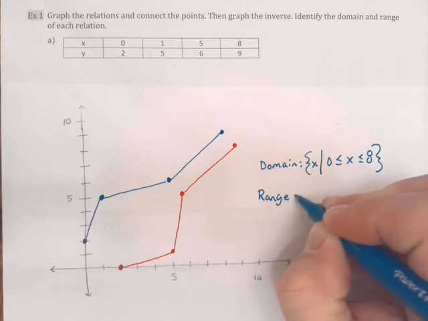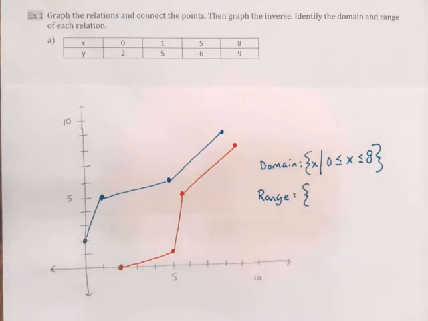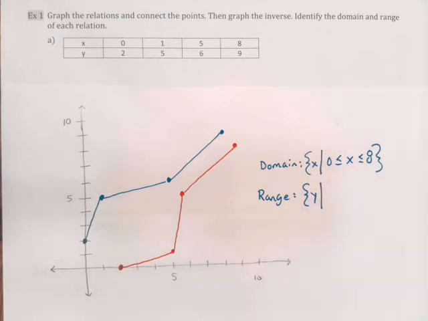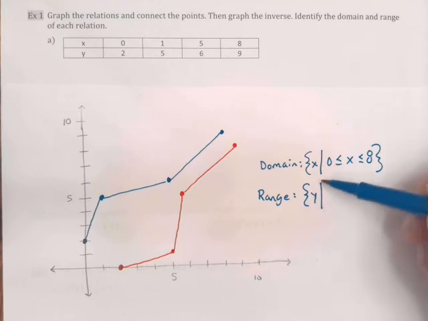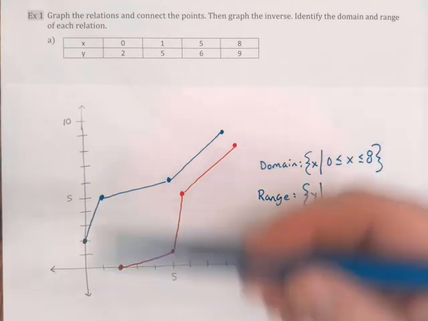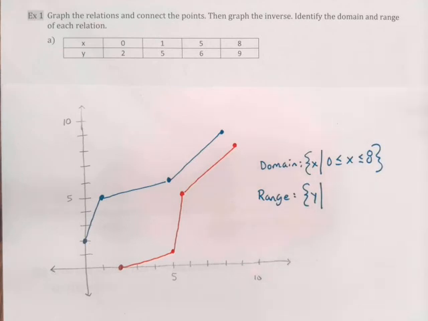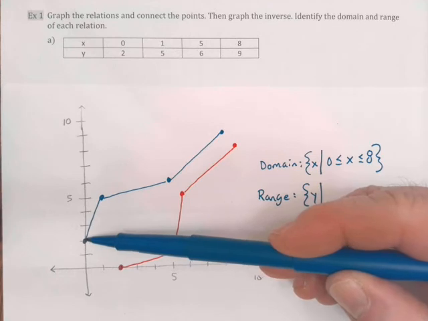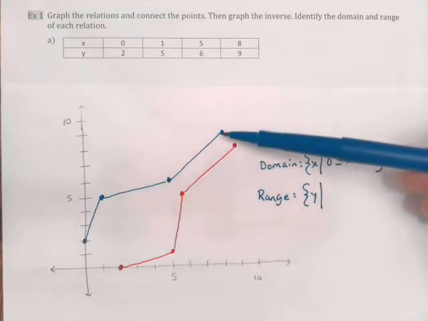We want to do the same thing for the range. The range values are y values. So in set builder notation, we would have the wavy bracket, our variable y, the vertical line, and then our y-axis, that tells us how far up and down we're going. So we want to take a look at the graph and determine where the lowest point is and what the height of that point is, all the way up to the highest.